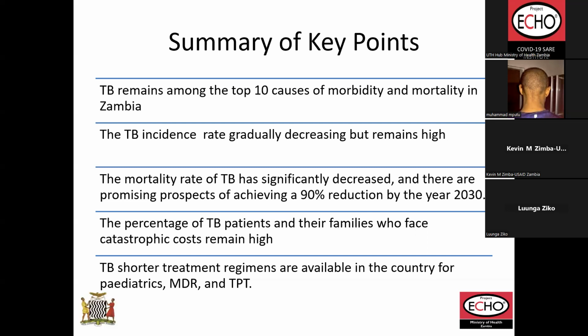So the main focus for this year will probably be these 3 areas: case finding, ensuring that we test everyone who needs to be tested and find more cases; then we have to start initiating treatment on the shortest possible regimen; and then we want to minimize adverse outcomes, that includes loss to follow-up and the mortalities.